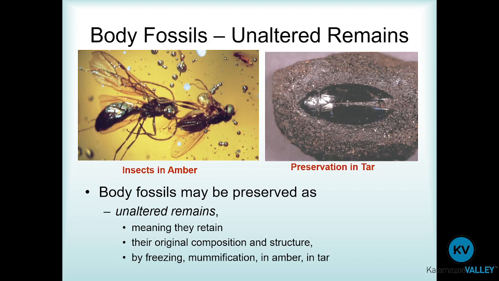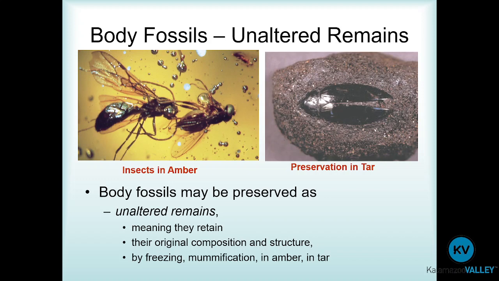These are unaltered remains, meaning that they have been so well preserved that they have not been chemically altered or structurally altered over time. This can only happen by a few different mechanisms, and it's relatively rare to find. This either happens by freezing, mummification, it can happen in amber, which is a fossilized tree resin, or in tar.